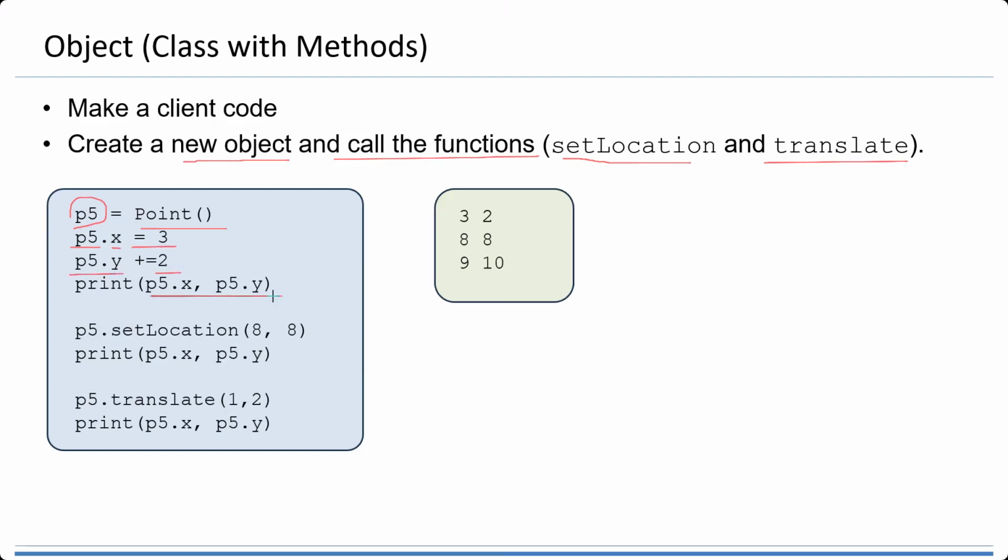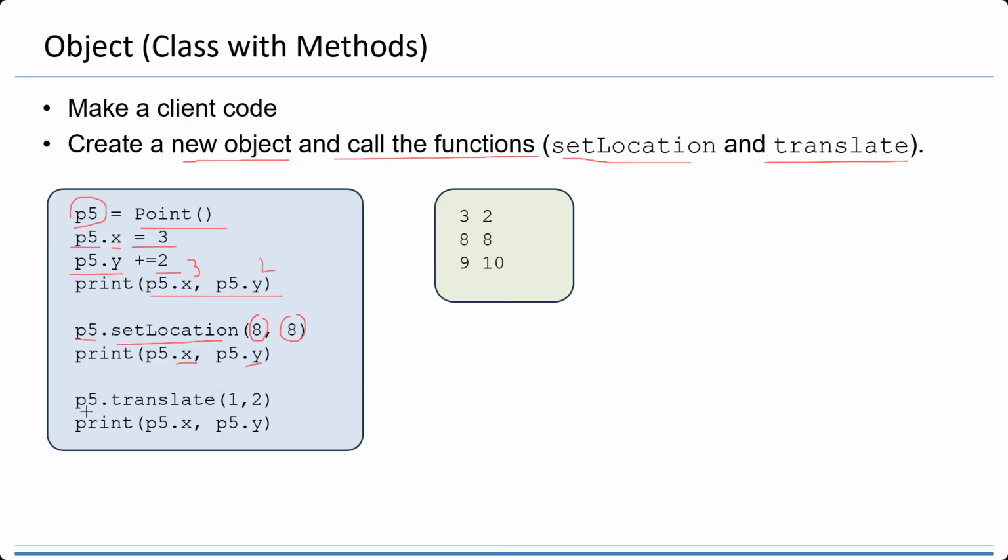Then P5 dot x will be 3 and P5 dot y will be 2. We do the set location. So set location means we just update the x with 8 and 8. Then x will be 8 and y will be 8.